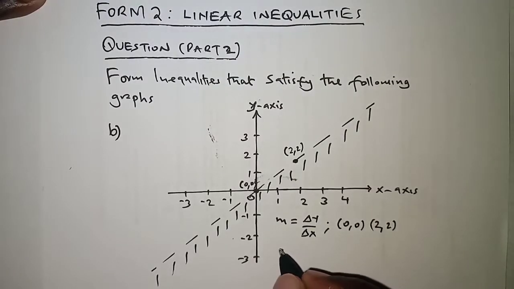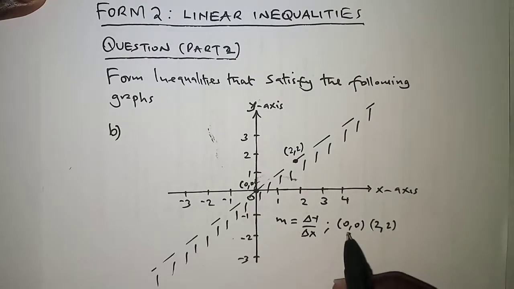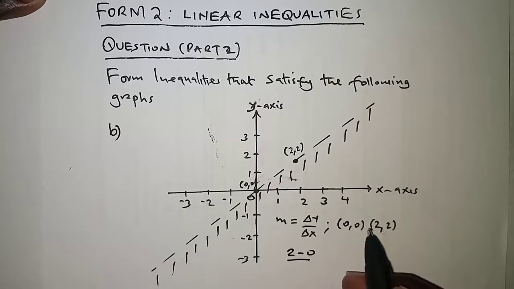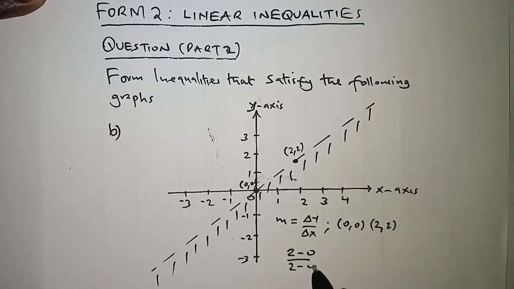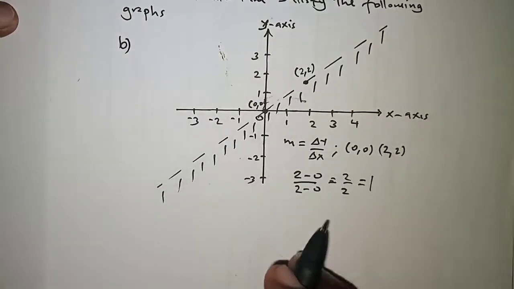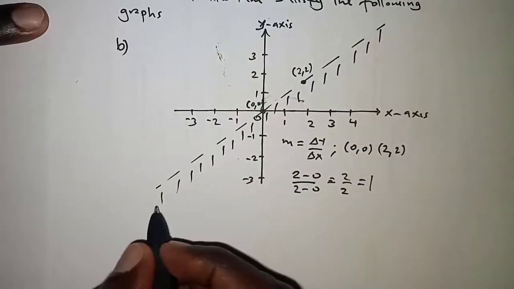Change in y will be 2 minus 0 all over the change in x, 2 minus 0 again. And that should give us the gradient, which is 2 over 2, that is 1.